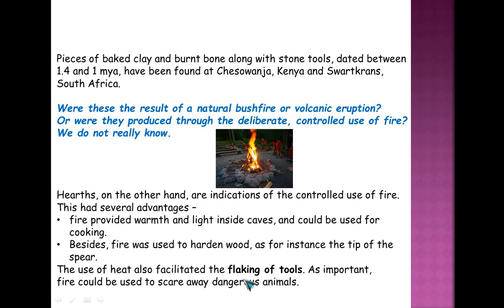When their hands developed, they also started using tools, which was progressive. And they started sharpening the tools, for example chiseling, smoothing and polishing. That is the meaning of flaking, reducing the size and thickness of the tool. As important, fire could be used to scare away dangerous animals also. So that is why they used all these things. It was used by the early man.